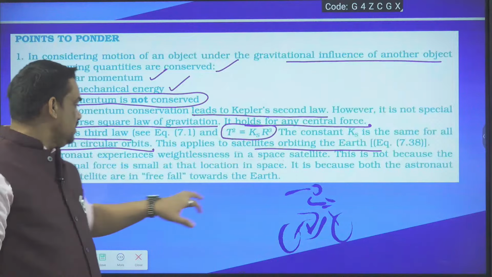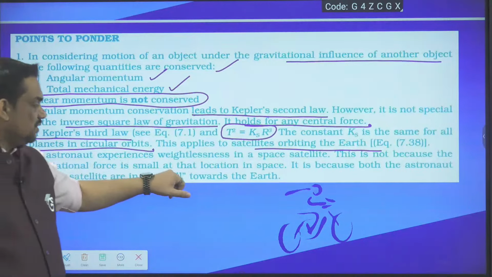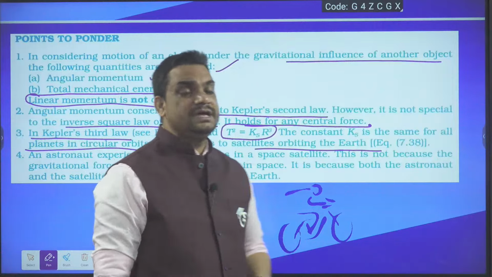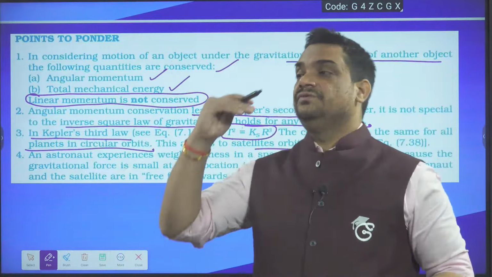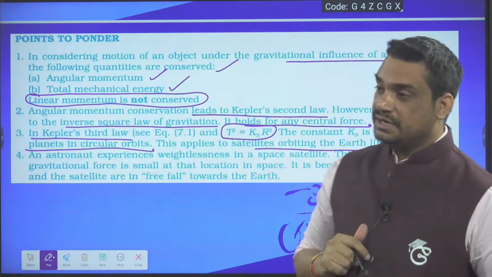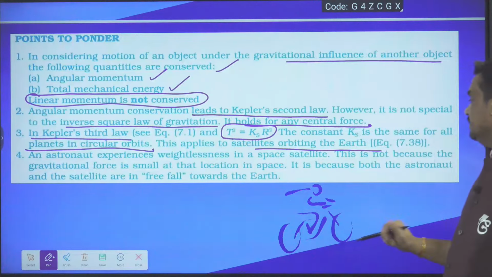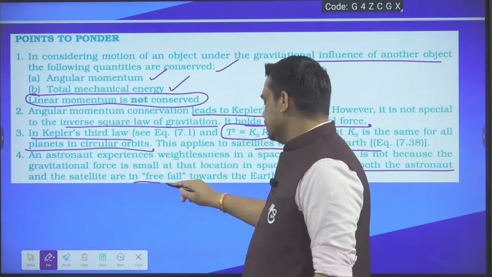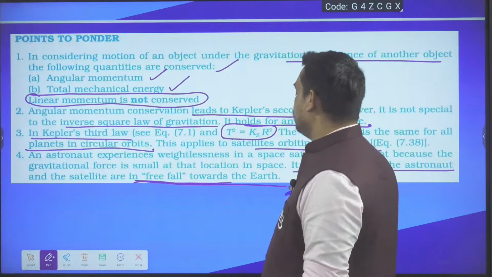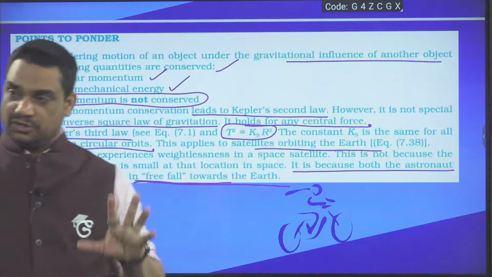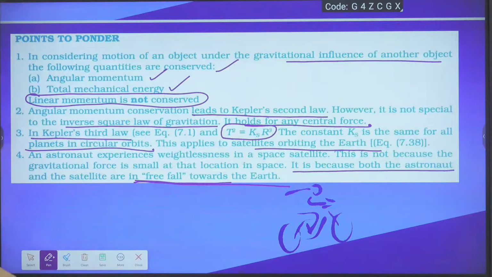Sometimes they say it is because gravity is less there, but that is not the reason. It is because both the astronaut and the satellite are in a state of free fall toward the center of Earth. Force is always toward the center of Earth.